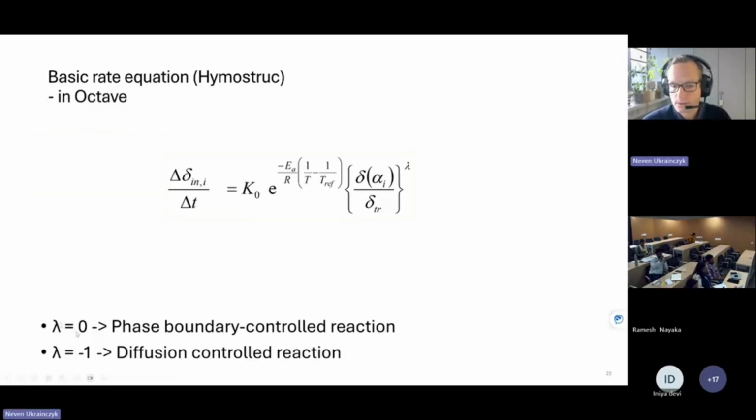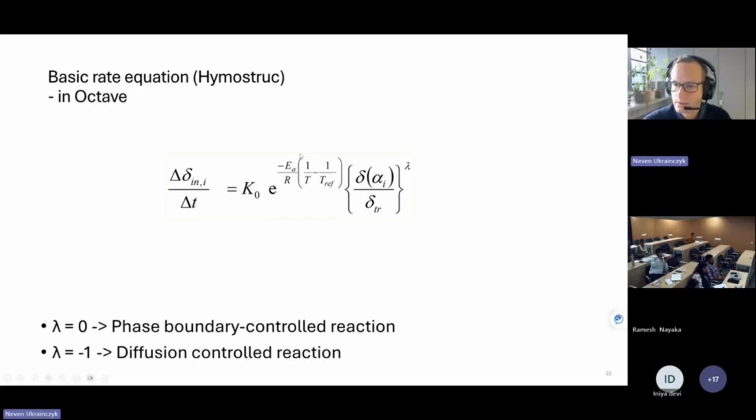So if you have zero, you have the phase boundary, which is this dissolution, and when the threshold is reached, you enter the diffusion mode, and the thicker the shell, the more you reduce the rate.